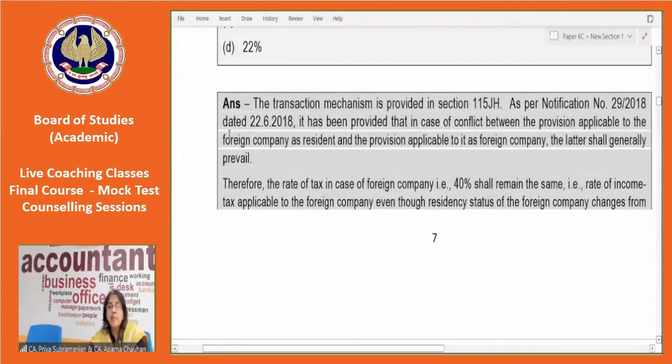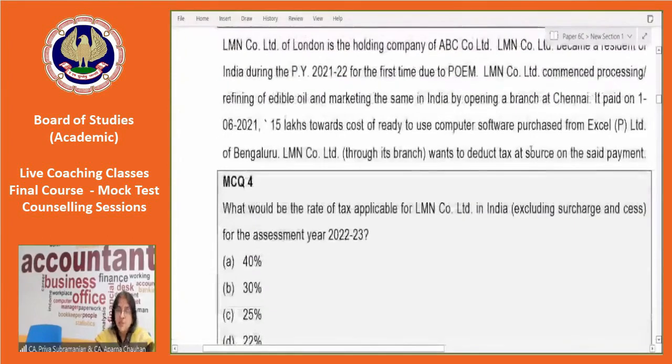In case of conflict between the provision applicable to the foreign company as a resident and the provision applicable to it as a foreign company, the latter will prevail. So the rate of tax of the foreign company will not change because it has become a resident. It will continue to be 40%, and it's given excluding surcharge and cess. So the rate will be 40%. This again is a very simple question.